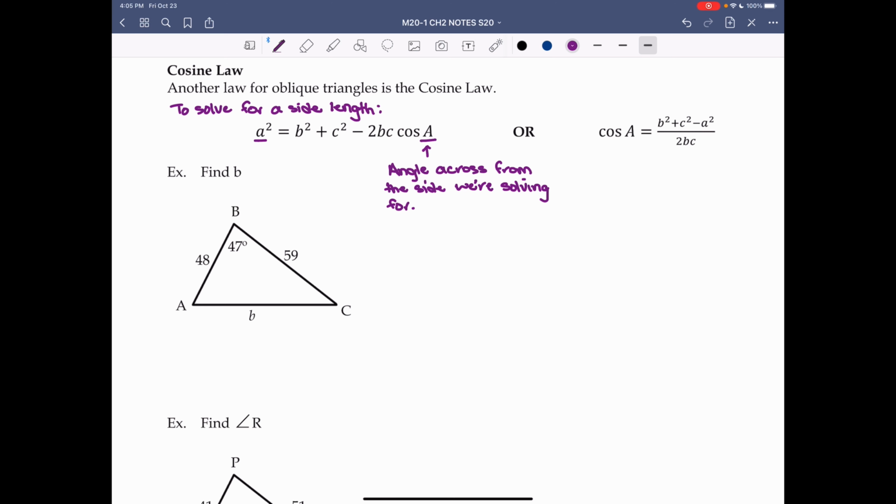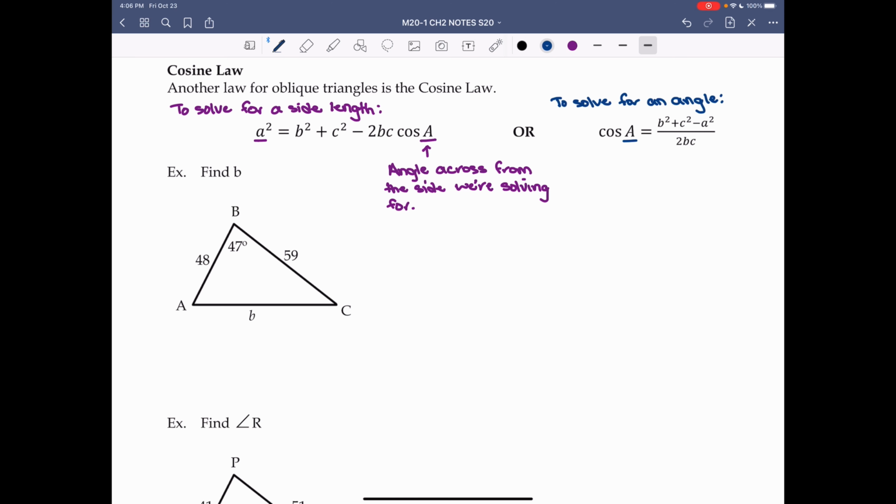The other form of the cosine law is for solving for an angle. It is cos A equals b squared plus c squared minus a squared, all divided by 2bc.